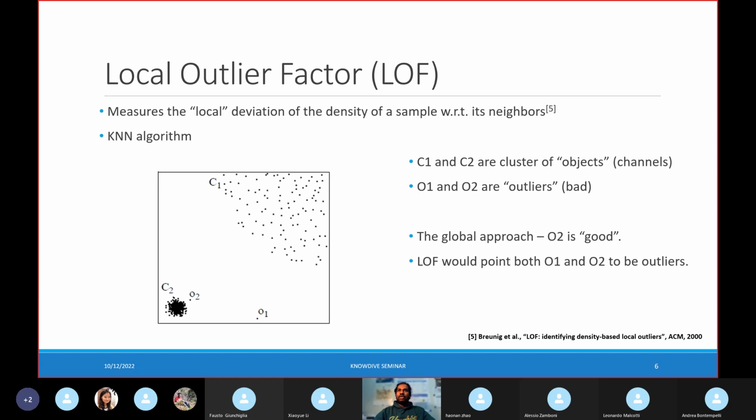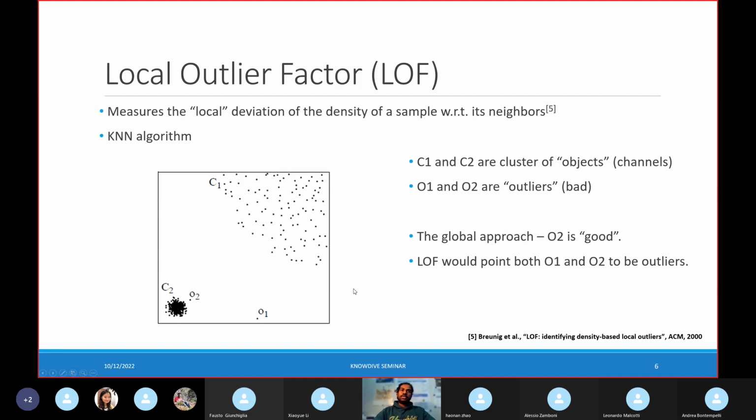To appreciate the LOF algorithm without getting into the details, let's have a look at this image, which has two clusters, C1 and C2, and clearly the points or objects O1 and O2 are outliers corresponding to the clusters C1 and C2 respectively.